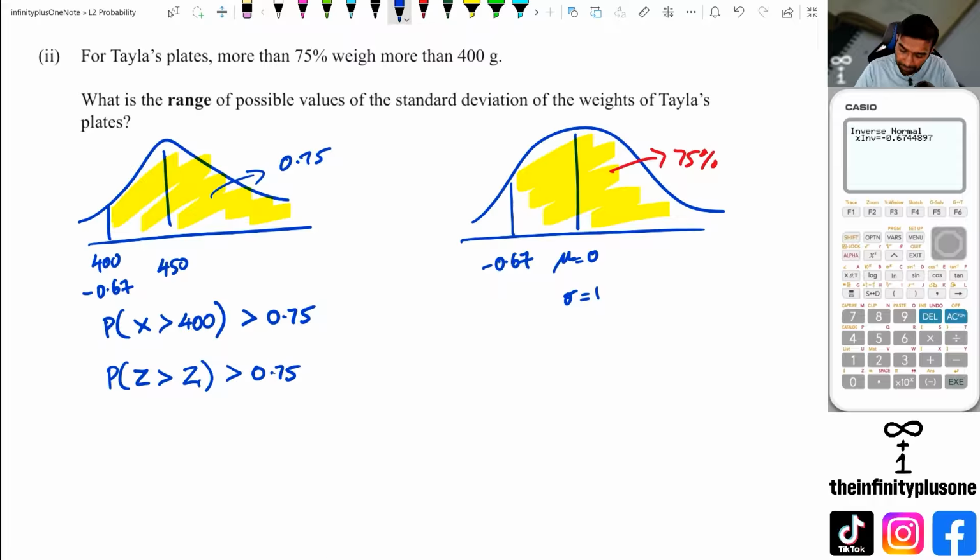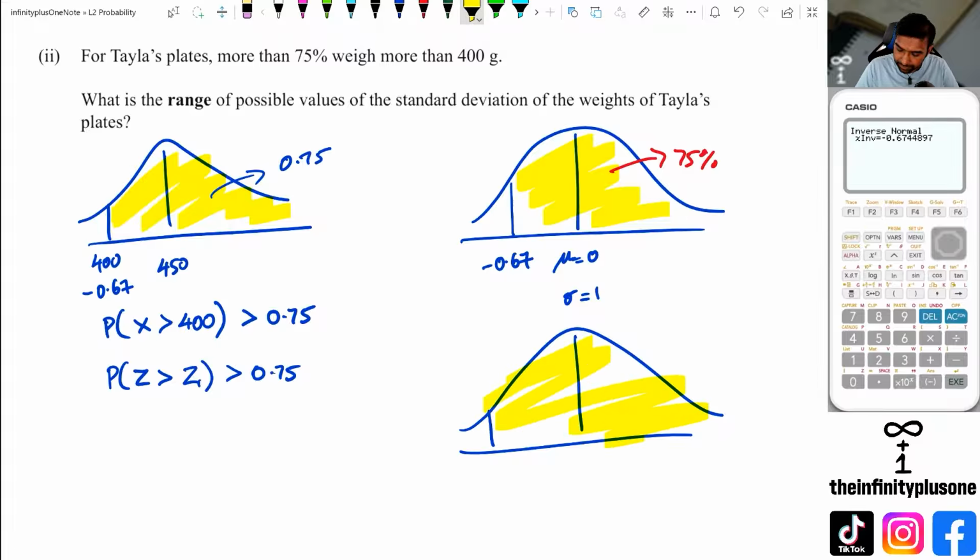That means if it's more than 75%, so let's say it's 80%, then remember that the Z1 is negative 0.67, that's actually here, but the new Z value has moved. So your Z value has to be less than negative 0.674. Let's actually go 4 decimal places.